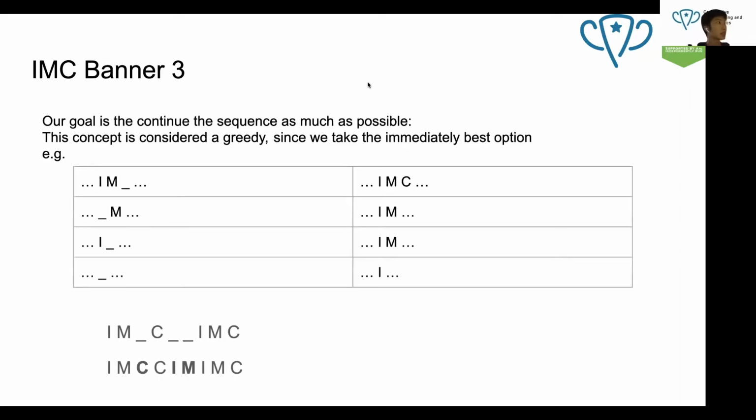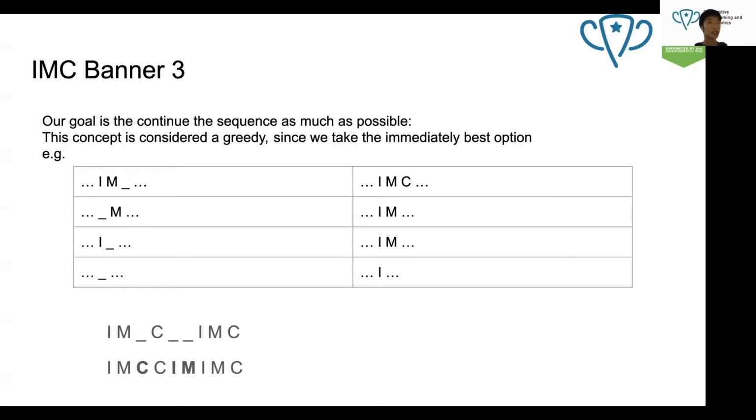This is a greedy problem because our goal is to continue the pattern or start the pattern, and it's always best to take whatever seems like the best option. We can solve this using a few templates, where if you see a certain situation, you fill in the blanks in a certain way.